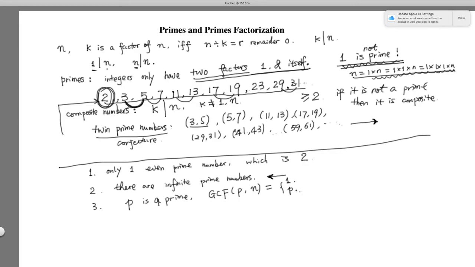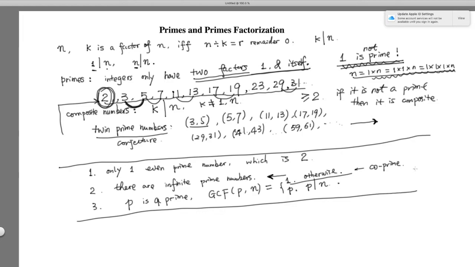If it's P, then P is a factor of n. Otherwise, the greatest common factor between P and n is 1. And when it's 1, this is also sometimes known as these two numbers being coprime. We are going to show this fact later, and we're going to use this fact a lot.